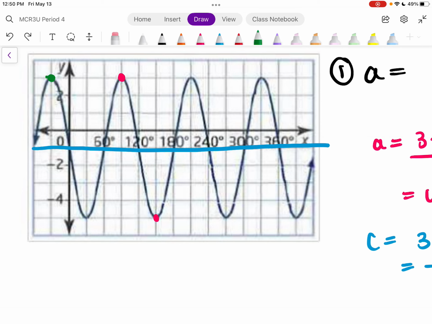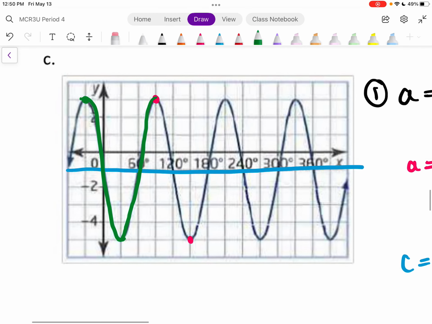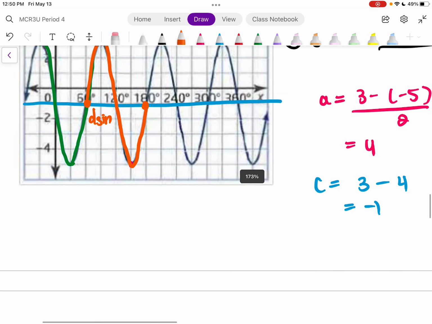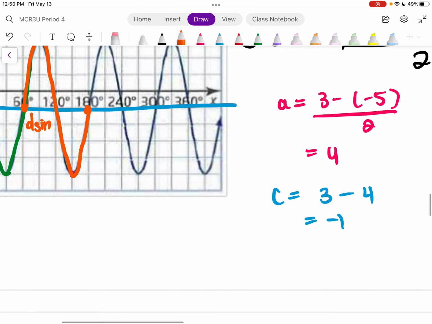So I'm going to deal with this cosine function here. That's going to be important when we do our d. So I'm going to write this as my d cos. And then my sine function is going to start at the 60 degrees right here, go down, and go up. So this is going to be my d 60.